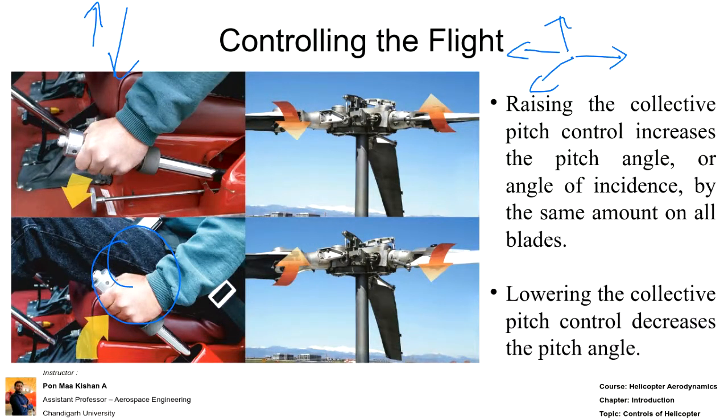So from one altitude to another altitude, if the pilot wants to switch, he can use the collective pitch control accordingly. Okay, now let's get back to the table column again so that you can understand that clearly.